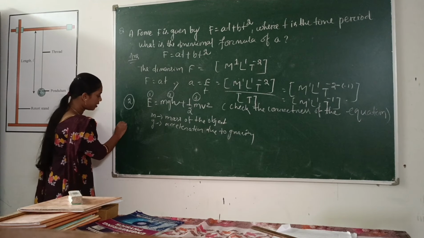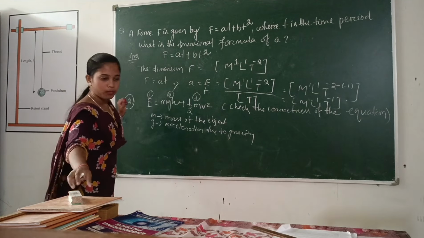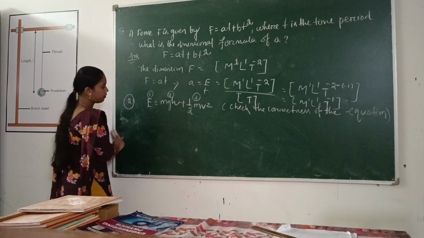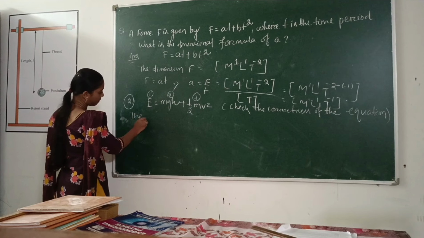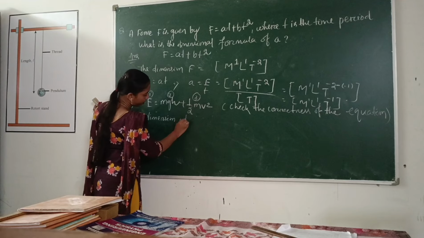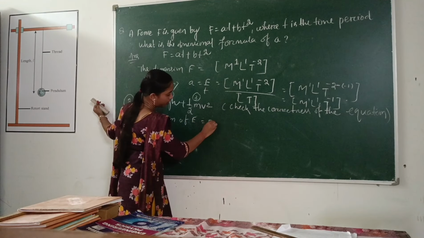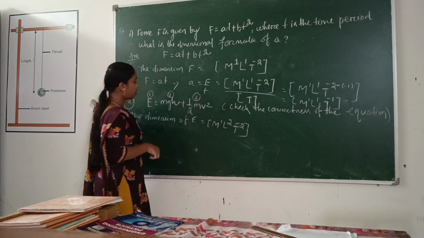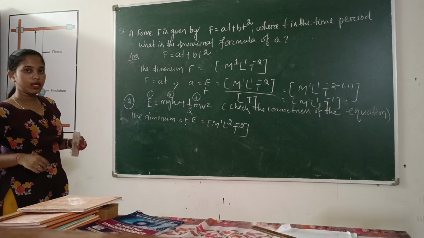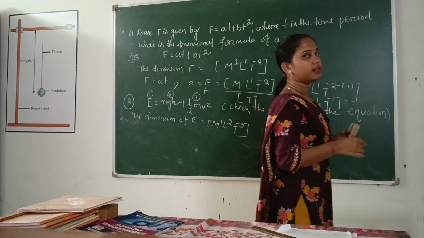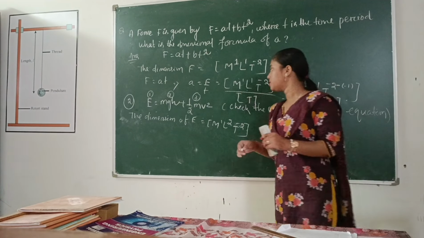So first, find the dimension of E. Here E is the energy. So the dimension of E is m1, l2, t to the power minus 2. The second term is mgh. Here m is the mass of the object, g is acceleration due to gravity, and h is the height.